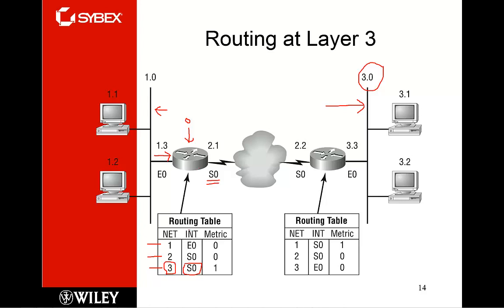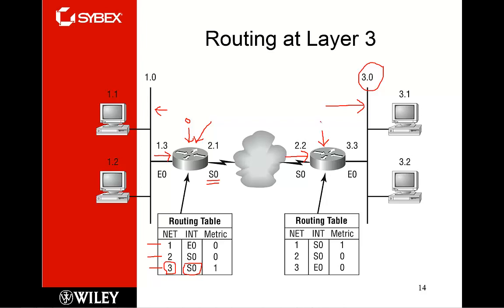Notice this router here does not know all the details on how to get it to 3. All it knows and all it cares about is it's going to send it out serial 0. It'll get to this router, and then it becomes this router's problem to figure out the next step or the next hop to get to the destination.